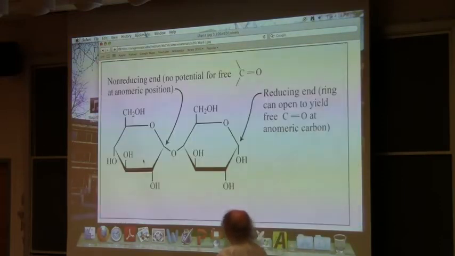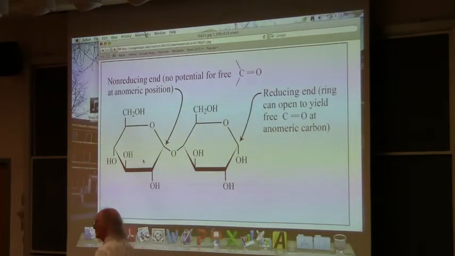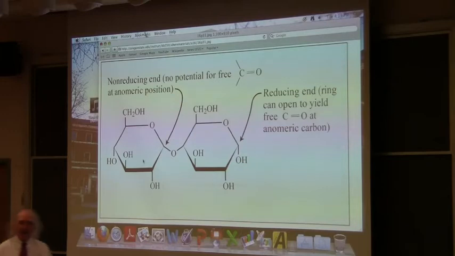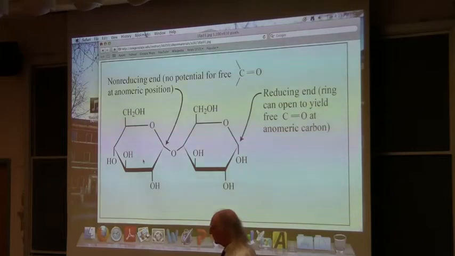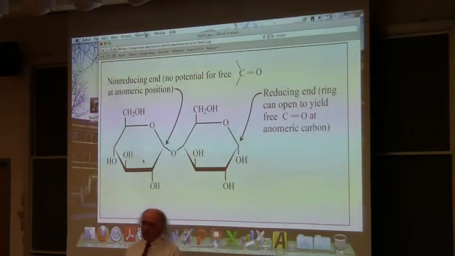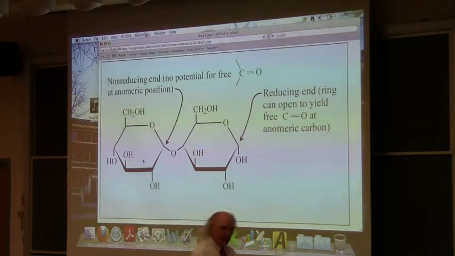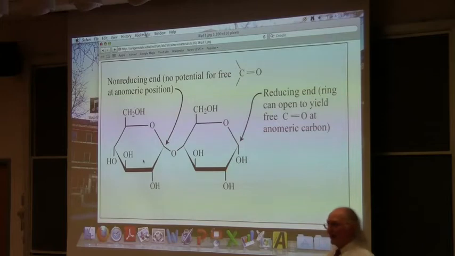Now, sugars are reactive. One of the things that you learned in organic chemistry, I hope, is that aldehydes are fairly reactive. They oxidize fairly readily. And glucose, being an aldehyde, an aldose, is also fairly reactive.